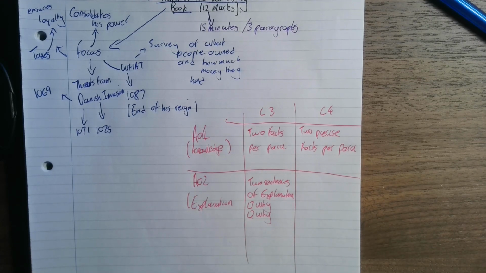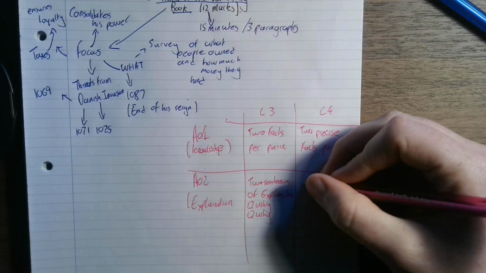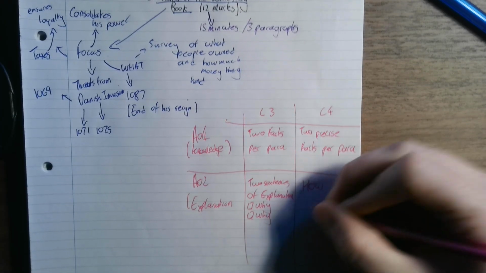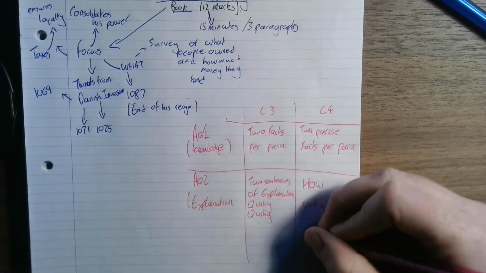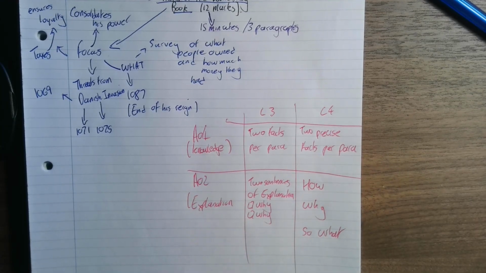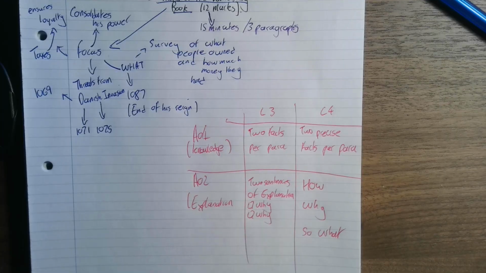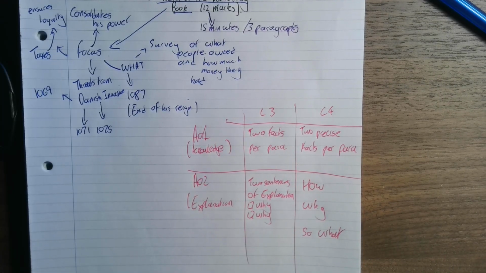But more importantly, we're going for level 4, and in this question that is how, why, so what. If I'm doing a reason about taxes: how did taxes lead to the creation of the Doomsday Book? Why did taxes lead to the creation of the Doomsday Book? So what? What is special about taxes?